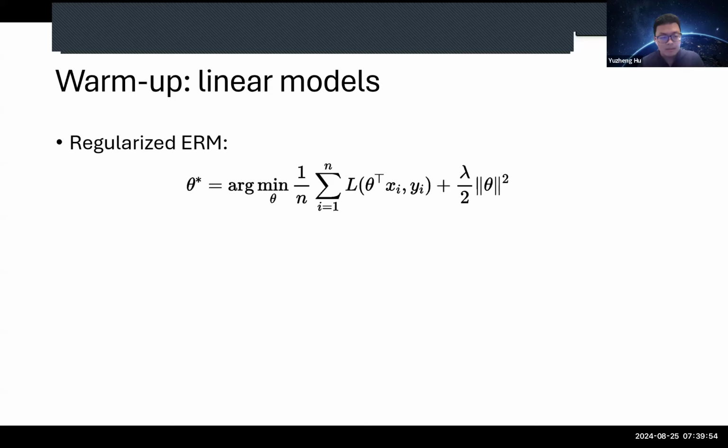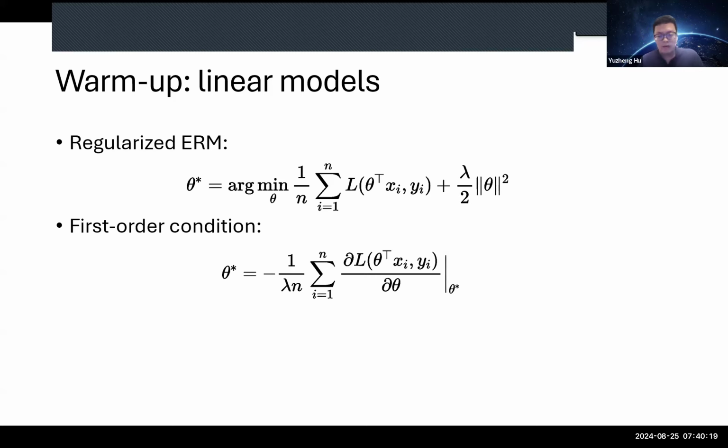Say let's consider this regularized empirical risk minimization problem of a linear model. Say we try to find some theta star that aims to minimize this objective function, which is 1 over n times the summation of L(theta transpose x_i), where L is a loss function, plus some L2 regularization term.